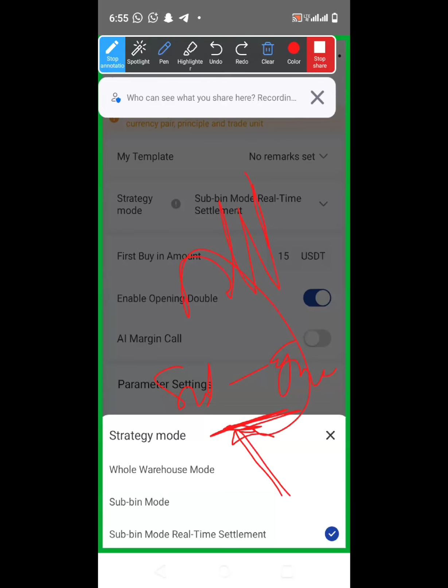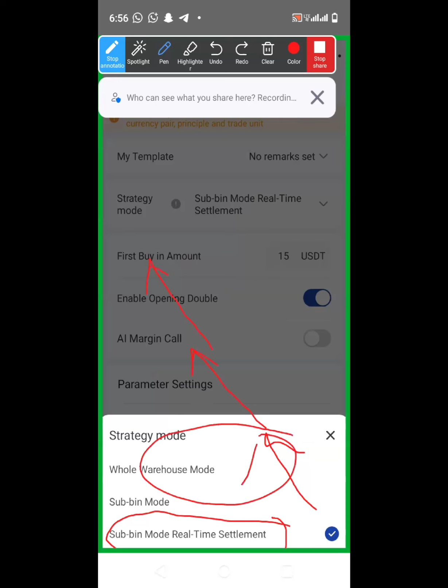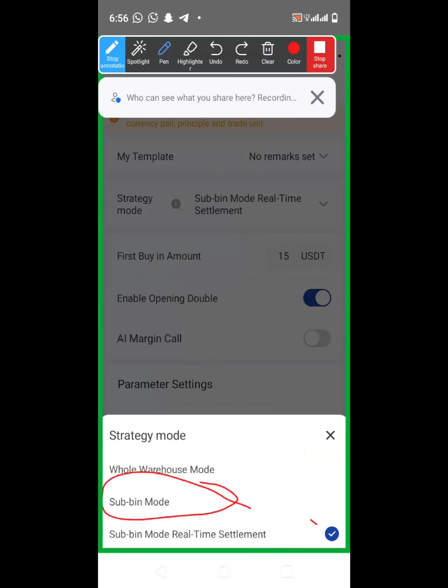So I repeat, the subbing mode, in the subbing real-time settlement, means that when the market rebounds, the robot would release those subsets for you, give you profit and charge you from your gas fee, but the robot will not do that. In the subbing mode, when the market comes up and the robot sells your subsell, instead of giving you profit, that money it will reinvest back into the market for you, so that you'll be closer to going out of the market.